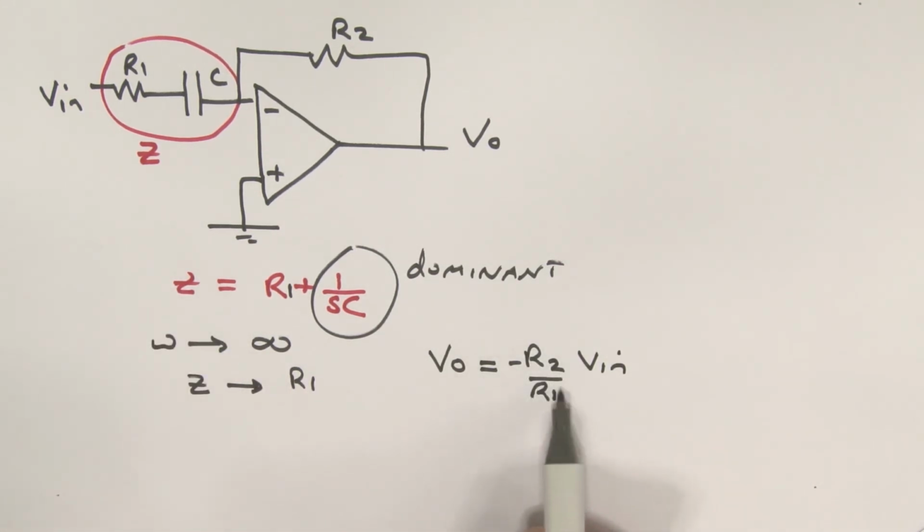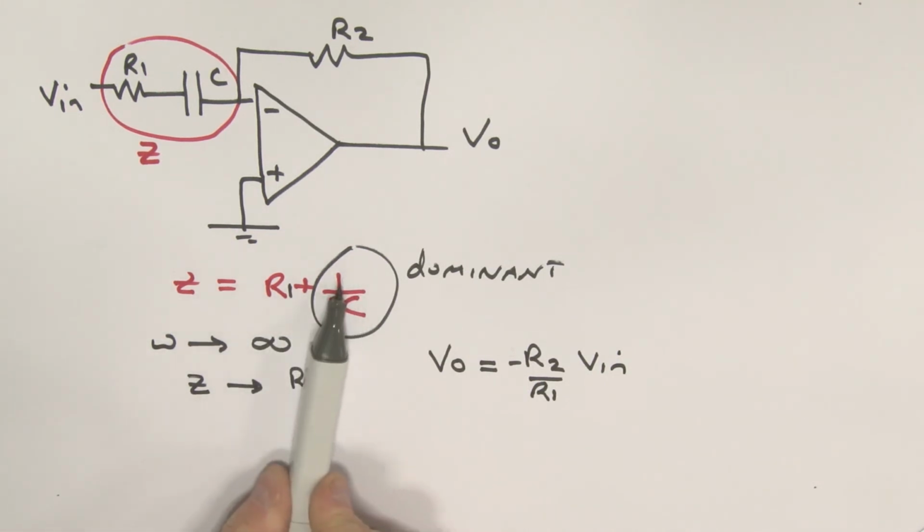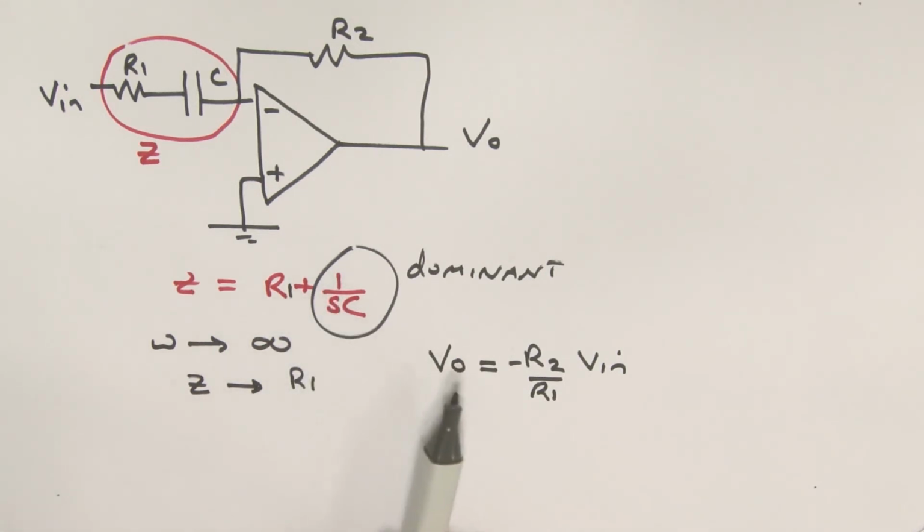So we want to choose a value of R1. Yes, it's got to be small, such that during the frequency of operation or consideration, the capacitor term is the dominant term. But if we do have frequency components that are very large, maybe noise or whatever else, then we want to make sure that the output voltage is simply R2 over R1, having a value such that this output does not go into a saturated condition.